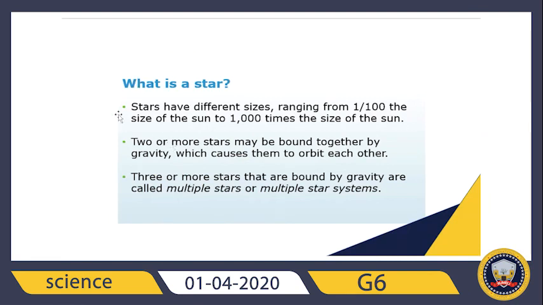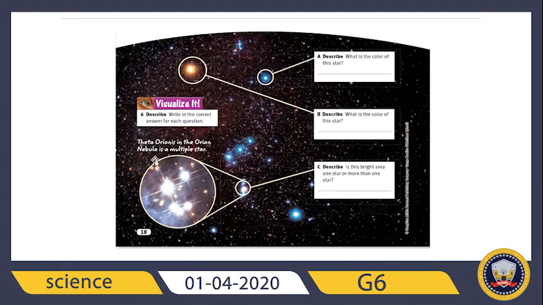Stars have different sizes, ranging from 0.001 the size of the sun to 1000 times the size of the sun. So it's either very small, much smaller than the sun, or much bigger than the sun. Two or more stars may be bound together by gravity, which causes them to orbit each other, as we have seen in this photo.